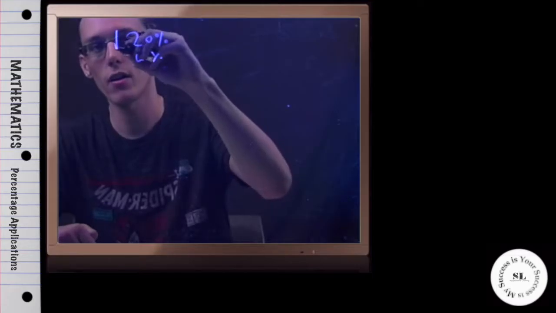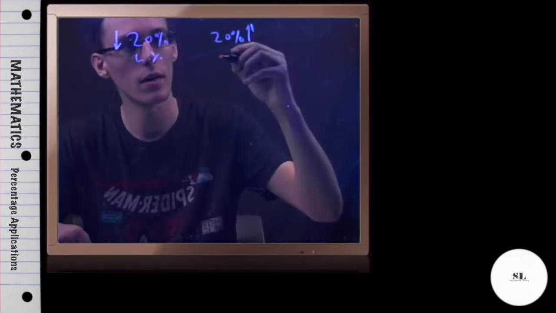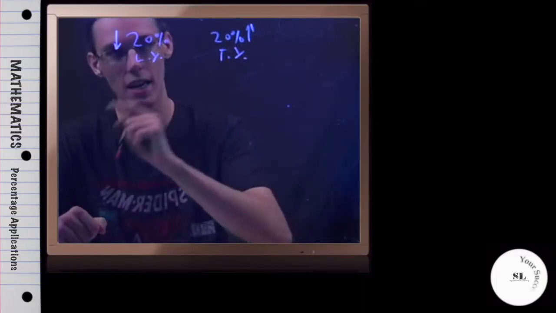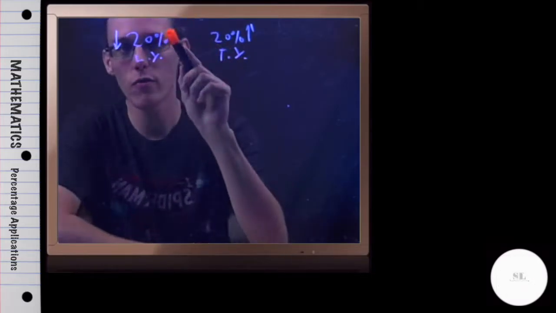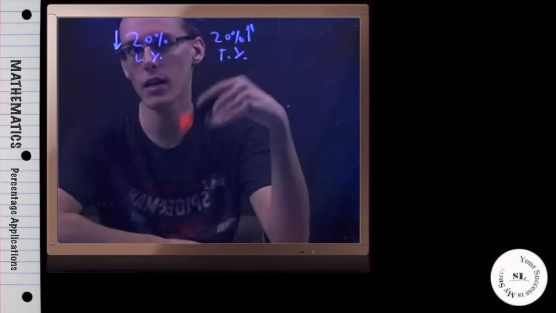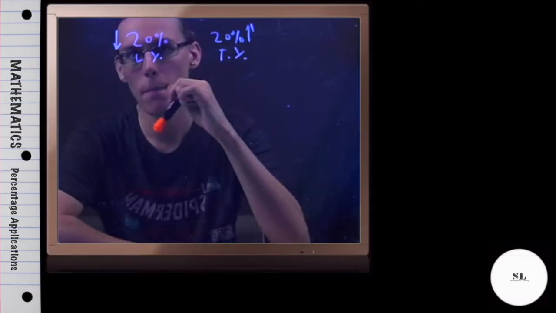So it fell like this, and then this year it went back up 20%. So at least I recouped my losses. In other words, this person is saying, my investment fell 20% last year, but then it rose 20% this year, so I broke even, I didn't lose any money. And they ask us, is this true?